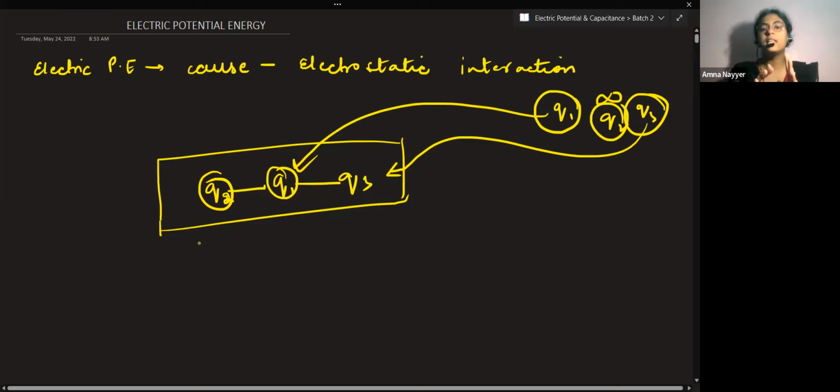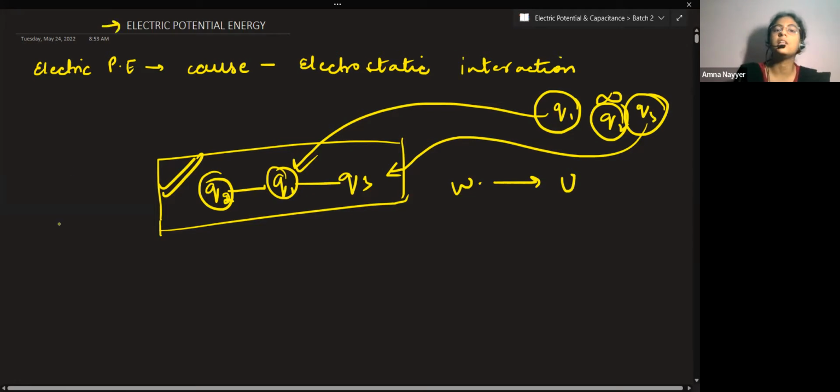So all the work done that is required to make the system, to assemble all these charges from infinity to their respective positions, gets stored in the form of potential energy. And this is what we call electric potential energy.